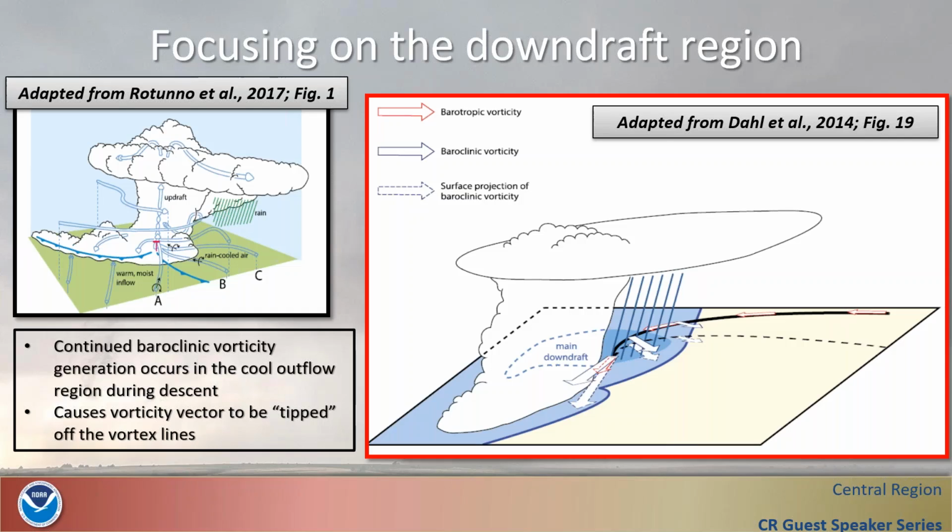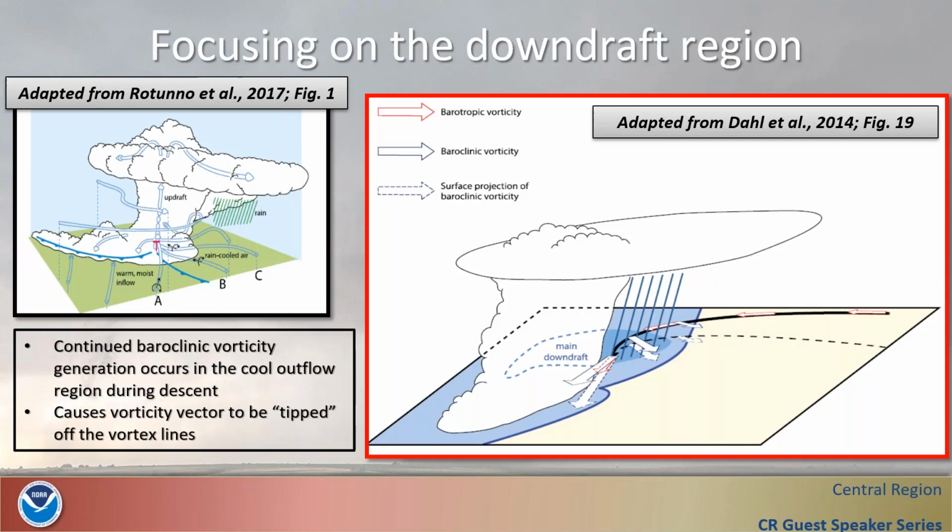In this particular area of the supercell, there's continued baroclinic vorticity generation that occurs in the cool outflow that's descending as it rotates around the backside of the low-level mesocyclone.